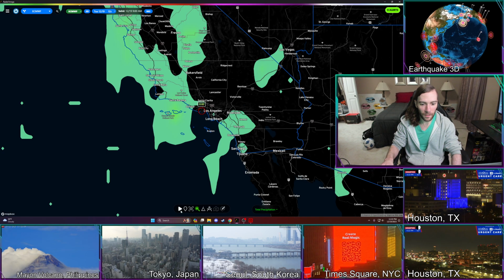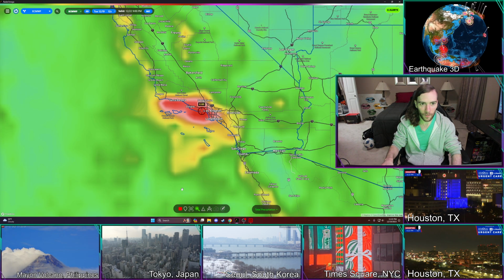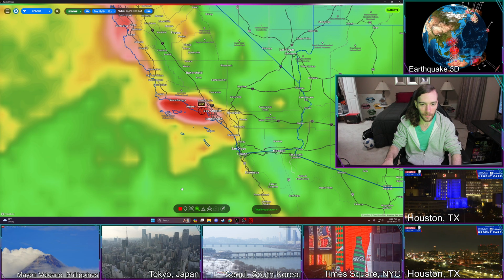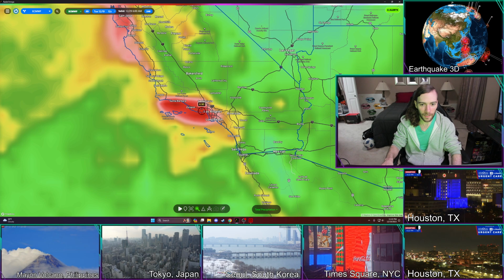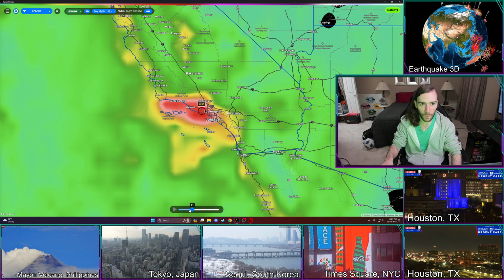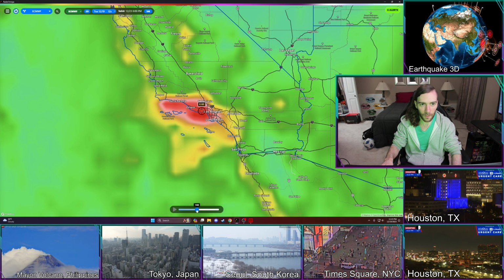This is the European model. We're at the 19th. It only goes out to the 29th, I believe. So it's a 10 day, and over the next 10 days, it thinks we'll go to the 23rd, right?